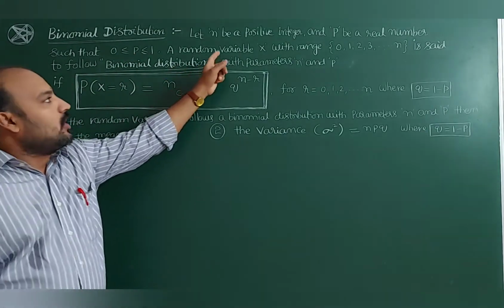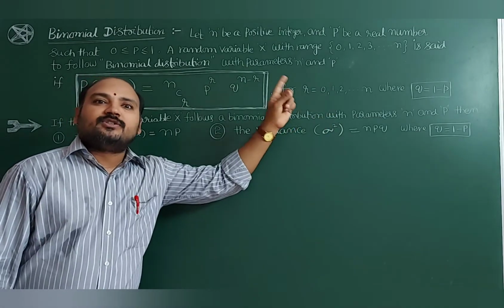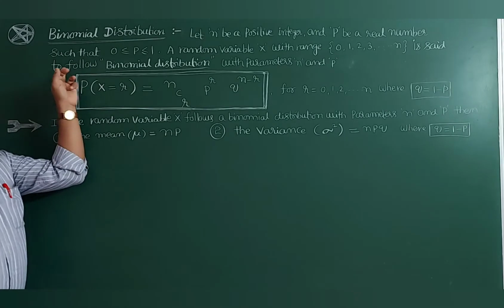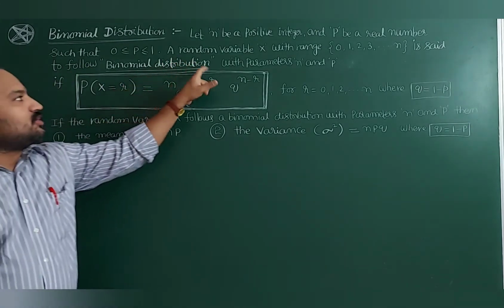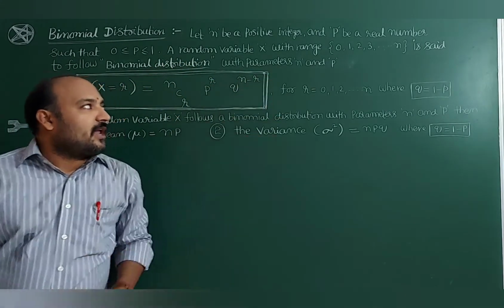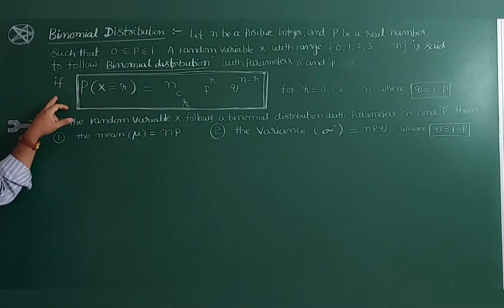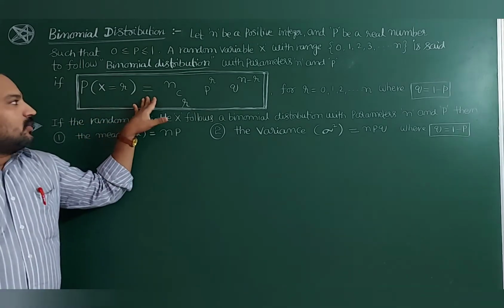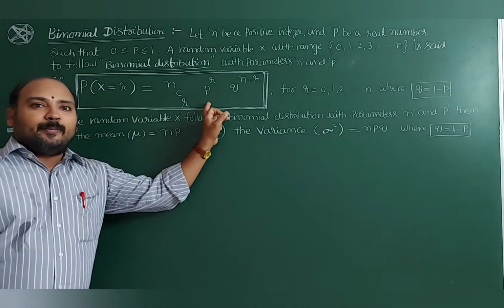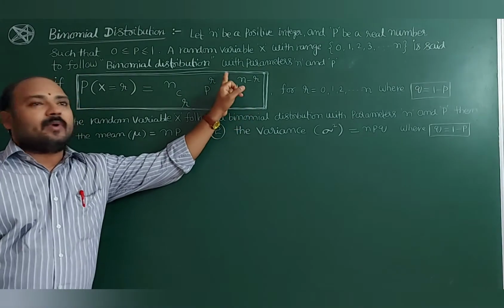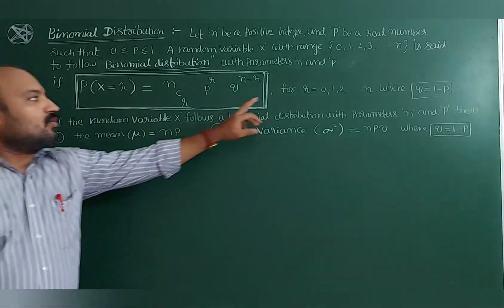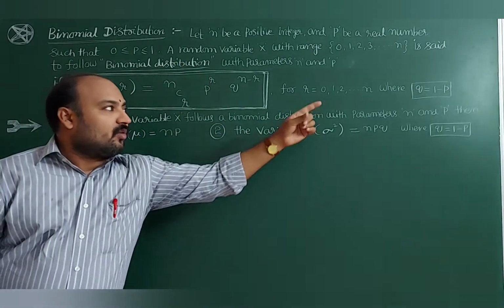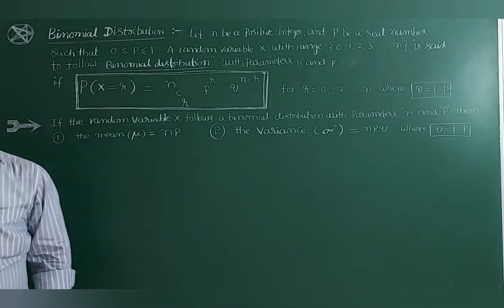A random variable x with range 0, 1, 2, 3 and so on up to n is said to follow binomial distribution with parameters n and p, defined as P of x is equal to r is equal to nCr p power r into q power n minus r, for r is equal to 0, 1, 2, 3 and so on up to n, where q is equal to 1 minus p.